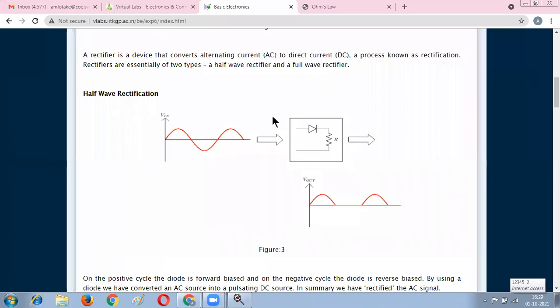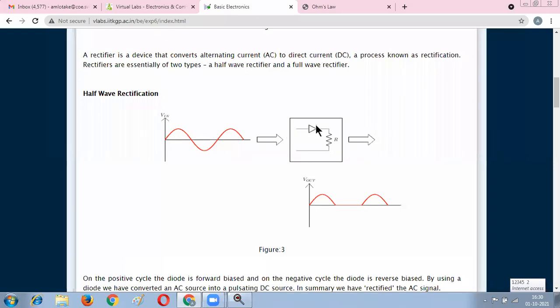So in the half wave rectifier, a diode is connected in series with the resistor, and to this you are going to provide the alternating supply voltage. What is happening in the positive half cycle? In the positive half cycle, the diode will be forward biased because P will be connected to the positive terminal and N will be connected to the negative terminal.